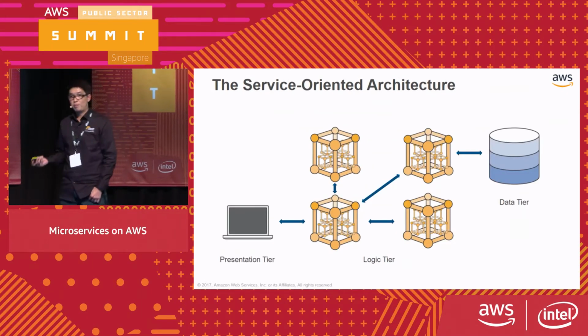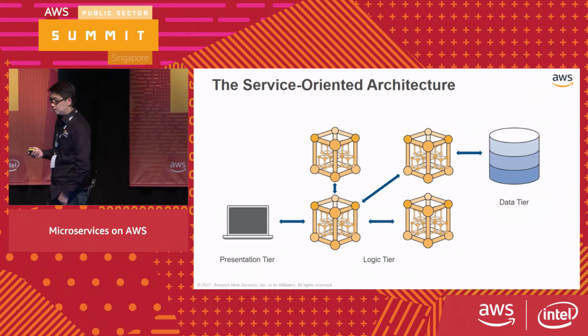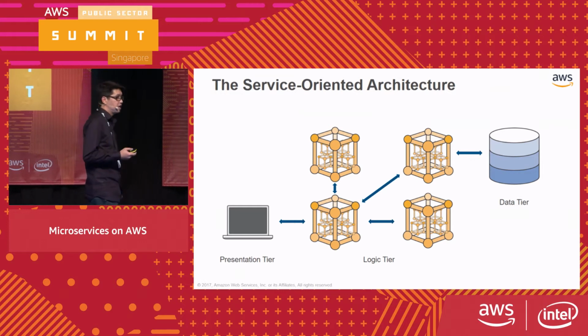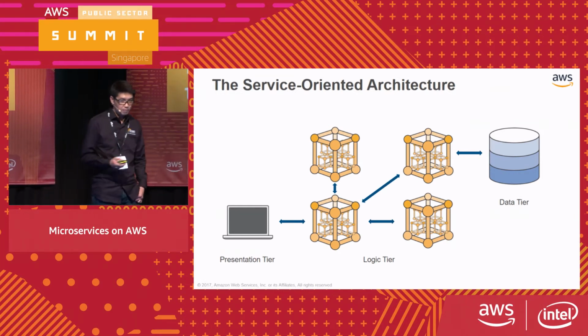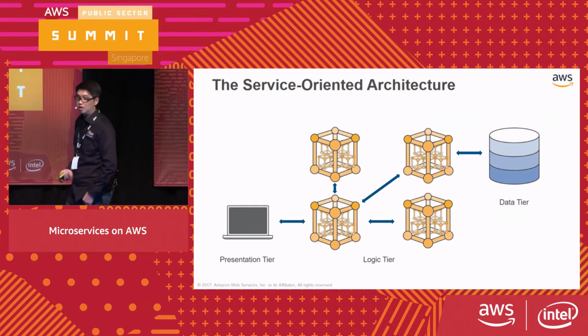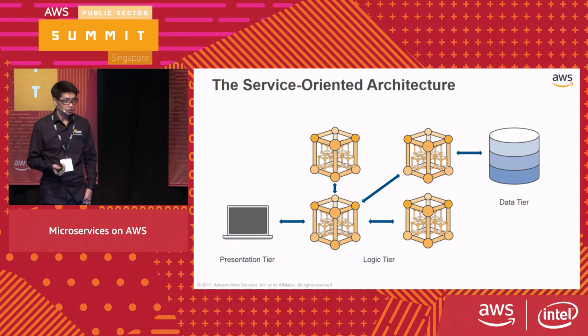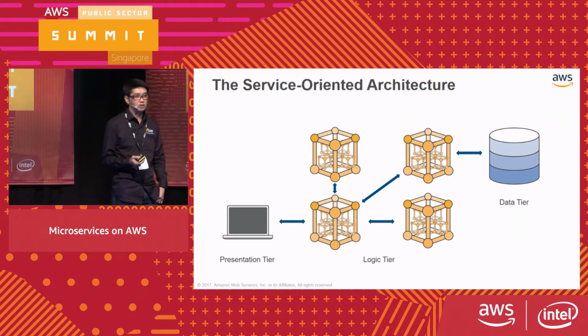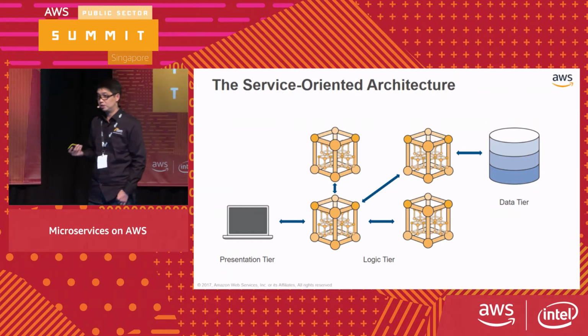Next is one of the most popular approaches, service-oriented architecture. This is where the components are decoupled. In this diagram, you see that the architecture is split into three tiers. It's commonly known as the N-tier architecture. The client application or the user front-end experience is delivered in the presentation tier.